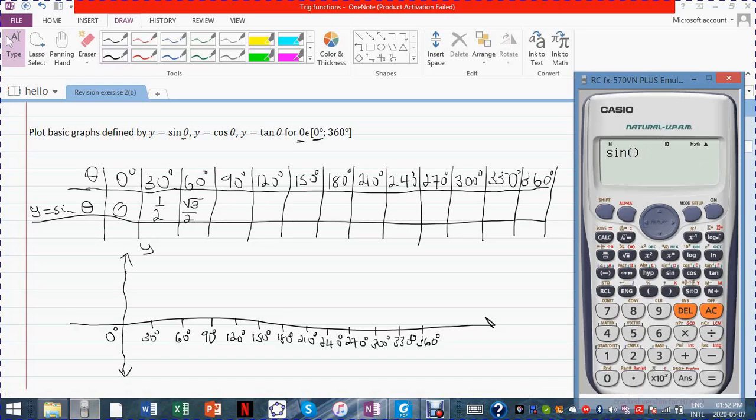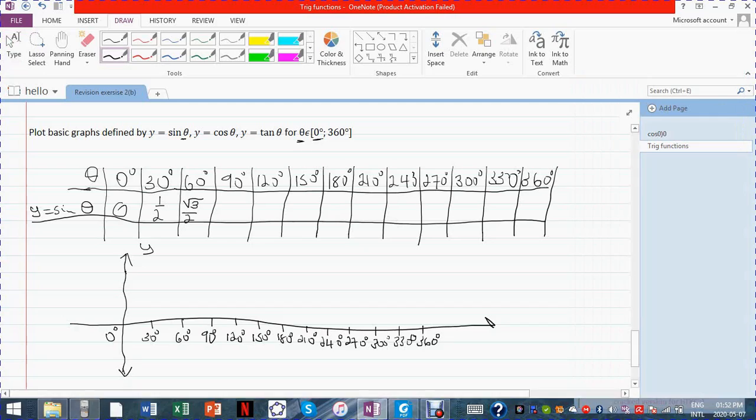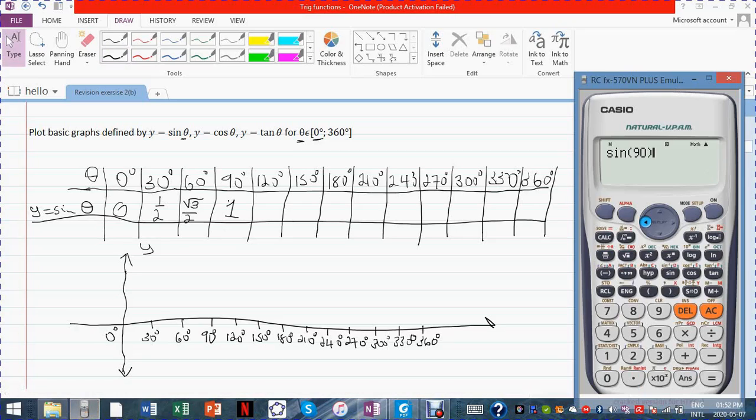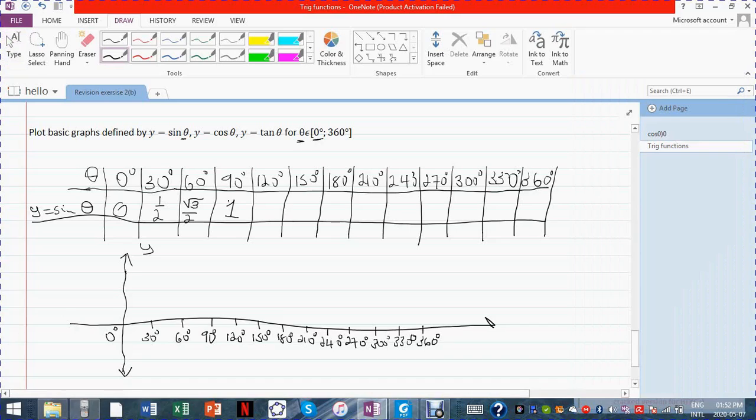the next angle is 90. Sine of 90 gives us 1, and then sine of 120. Sine of 120 also gives us positive root 3/2.